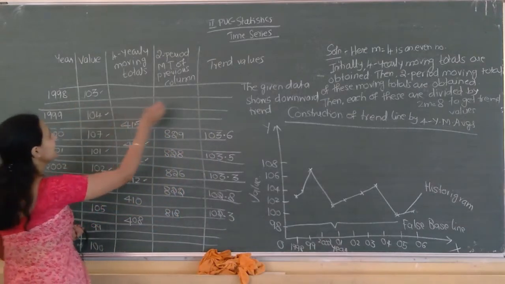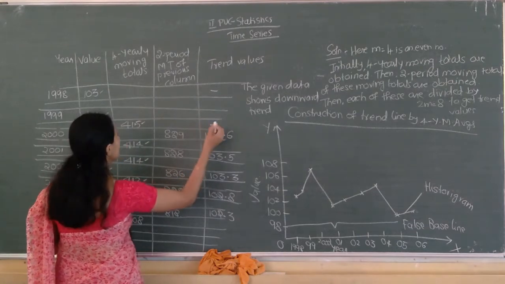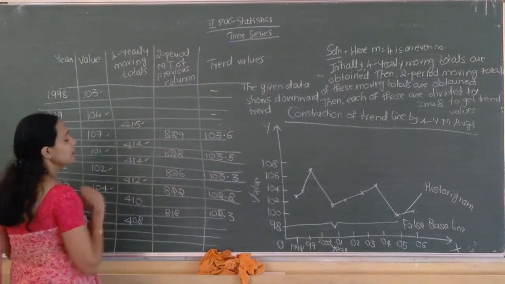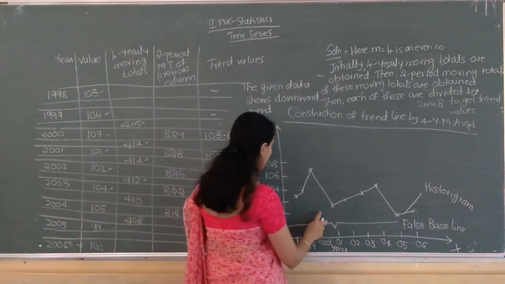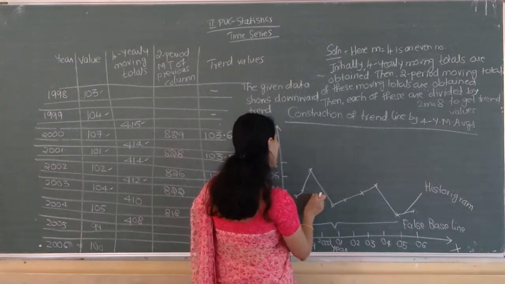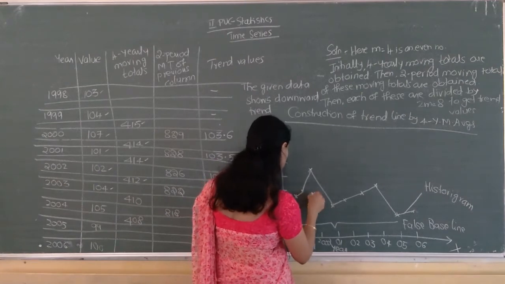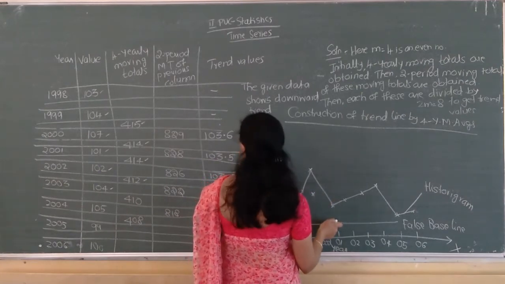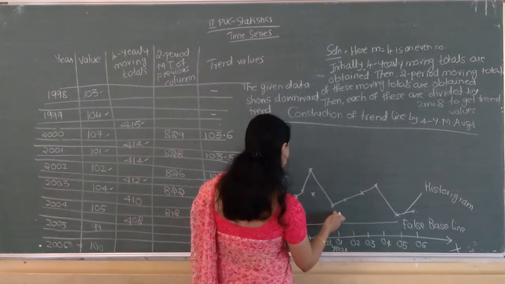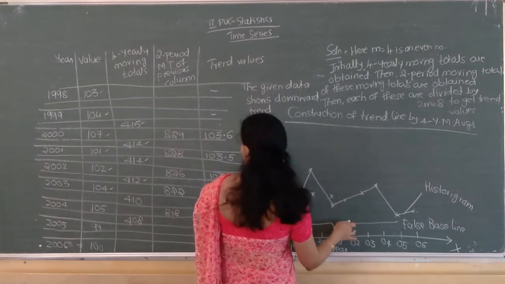For the first years, 98 has no value, 99 also no trend value. From 2000 onwards: 2000 it is 103.6, and you will get it exactly at 103.6. 2001, 103.5, somewhere there only it comes.